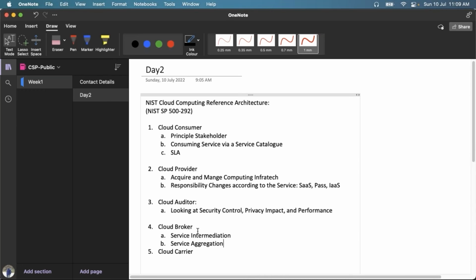So this is where your cloud broker will be combining and integrating multiple services into one or more services, as the name suggests. The cloud broker provides the data integration and makes sure the data is secure while moving between the cloud consumer and possibly between the multi-cloud providers in the multi-cloud environment.